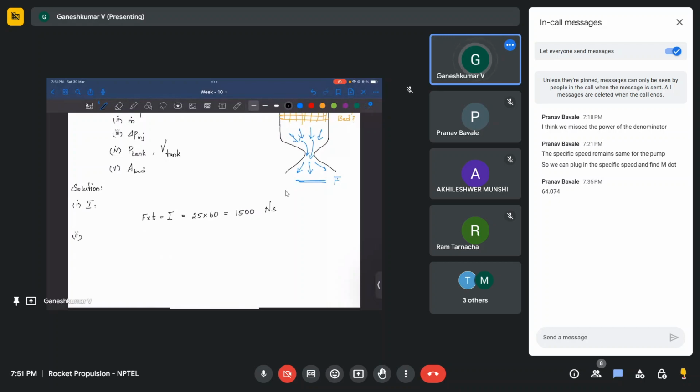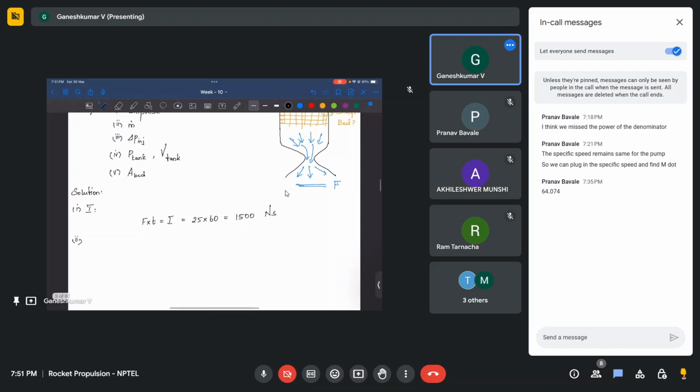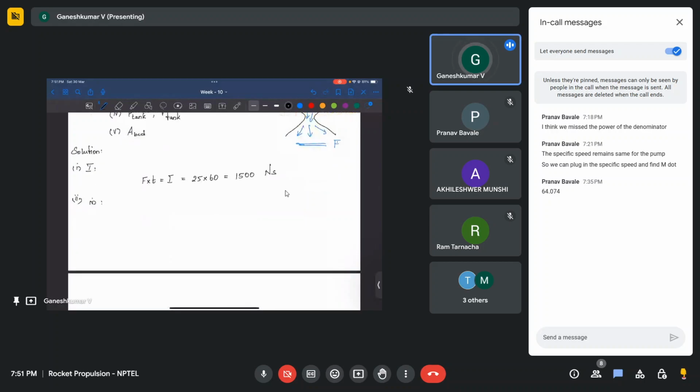Okay. Now, what is m dot? That you can find from specific impulse, I guess. Isp is force upon mass flow rate. So mass flow rate will be force upon specific impulse.